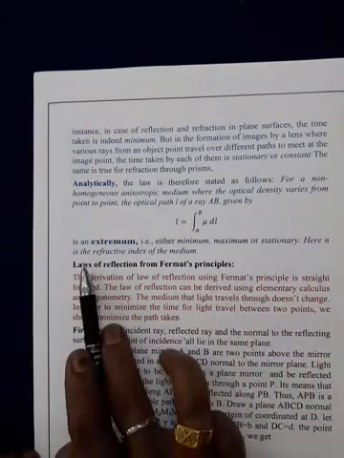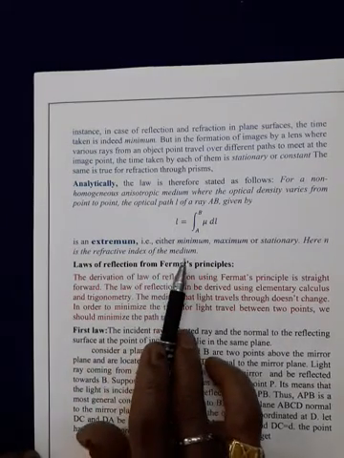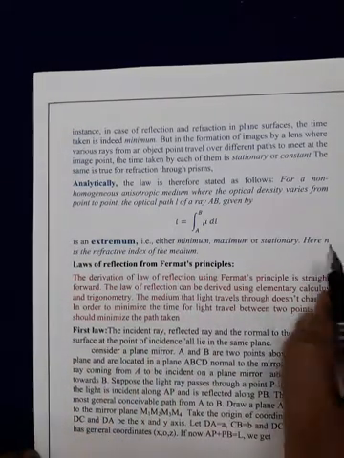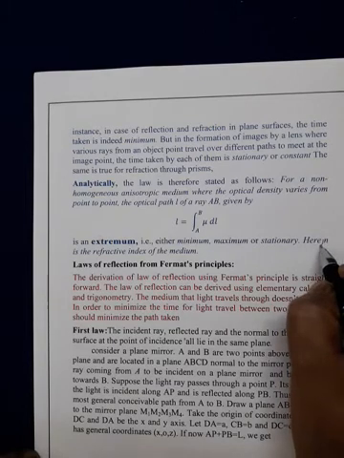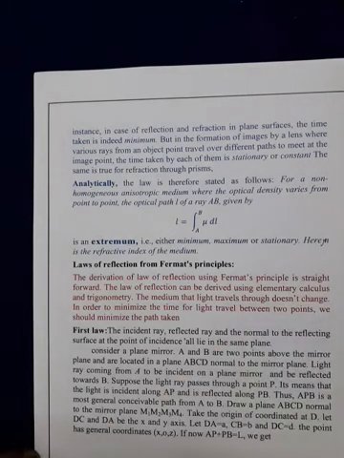Here mu is the refractive index of the medium.